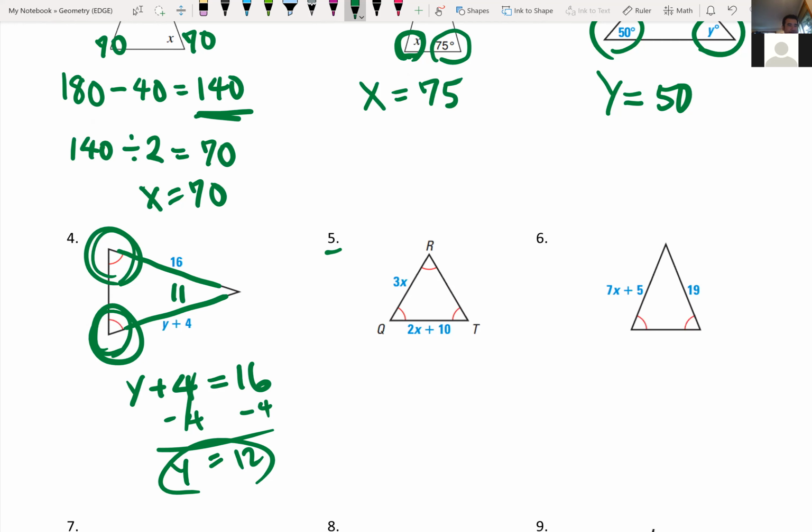Oh, that's a good question. So the question is, well, there's a question in the chat. Now, what we solved is y. Y is 12, right? That means this y is 12. And that makes sense. 12 plus 4 is 16 because we just solved that this y is 12.